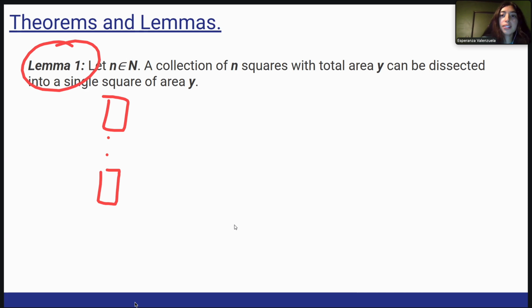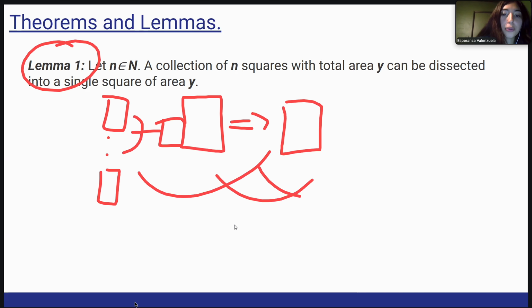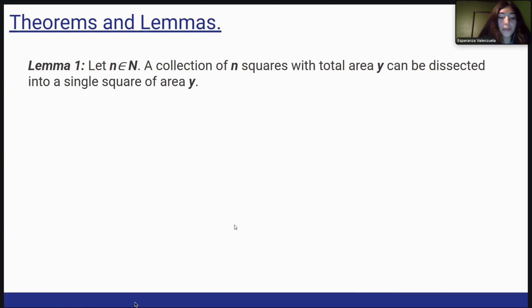So basically, to give you an idea, we take two of these squares and we place them next to each other, and they will form a construction like so. And by the Pythagorean theorem proof, we know that that can go into one square. And so by induction, we keep doing it until we get one square altogether.